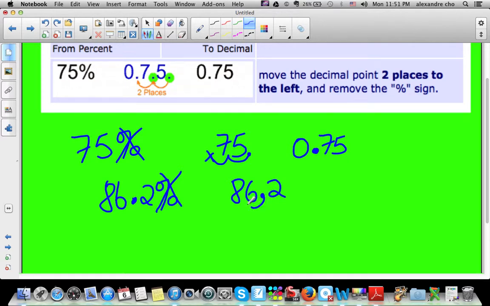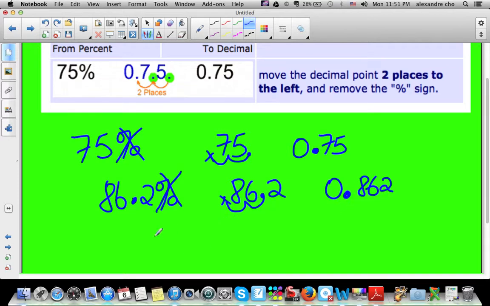It's going to go from here to here, and it's going to go one more. The new location is where that x is. So it's actually going to be 0.862. And I add a 0 here so that it's not empty. Is it necessary? No, but it makes it prettier.